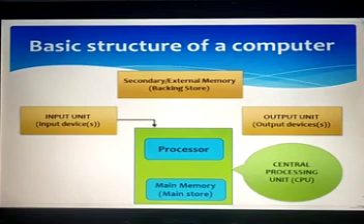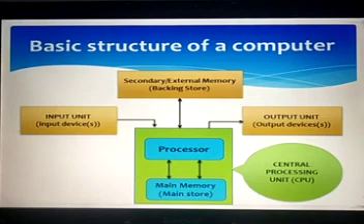It means the CPU takes input from the input unit and processes it and stores it in memory, and again through the processor it goes to the output unit, and finally if you save a file it goes to the external memory like hard disk, pen drive, CD-ROM, etc. And all this is done with the help of memory. Memory is the brain of the computer which holds the data during processing. The main memory holds the input and intermediate output during the processing.